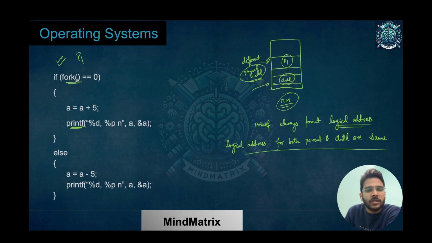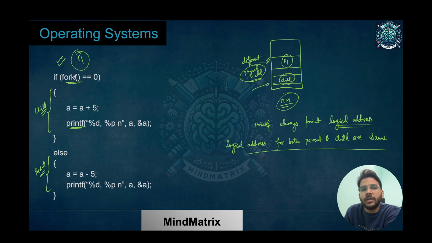Now let's say this is a parent process, and let's say this is a process P1. If fork is called, an exact copy of the process, the child process, will be created, right? Now if fork is equal to 0, for the child, we can clearly say that the child will be executing this code and the else part will be executed by the parent process, correct?